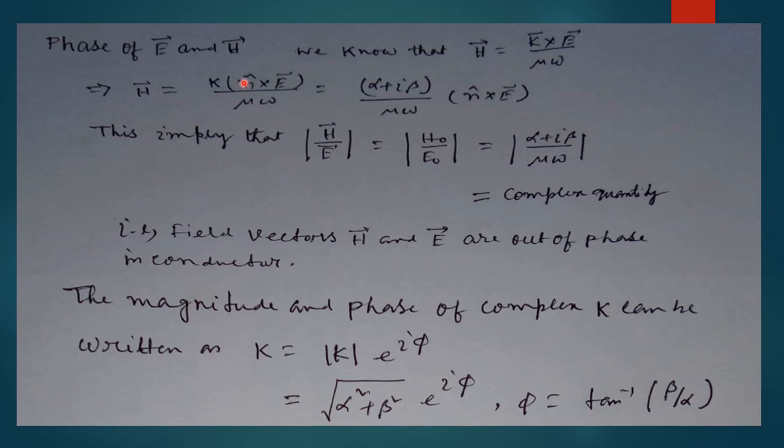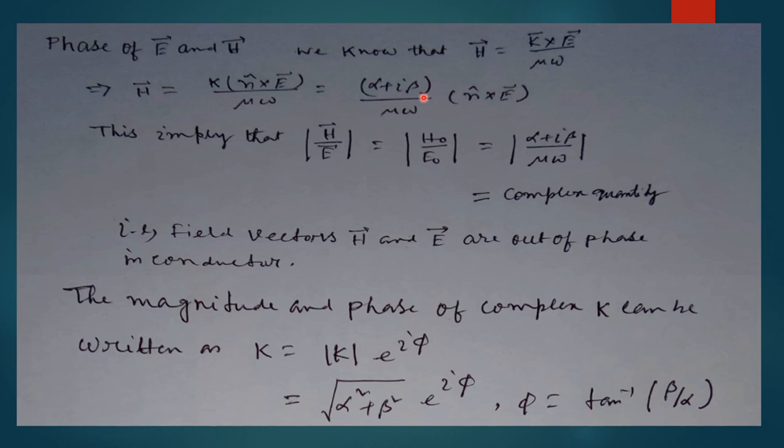Here n is the direction of the wave propagation vector. If we put the value of k, that is equal to (alpha plus i beta) by mu omega into n hat cross E vector.